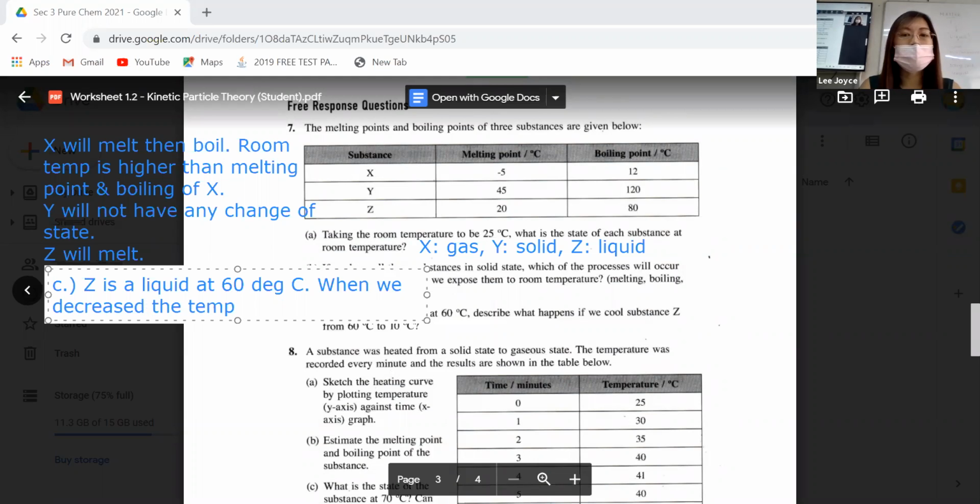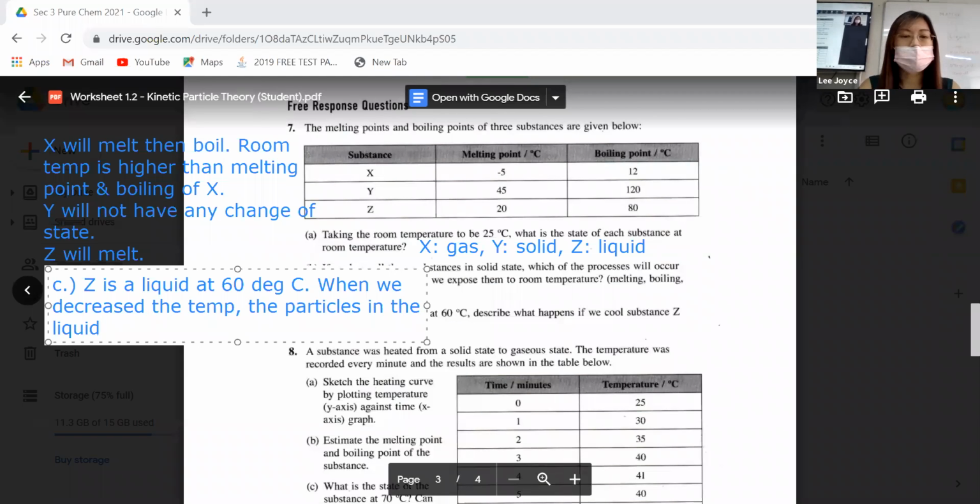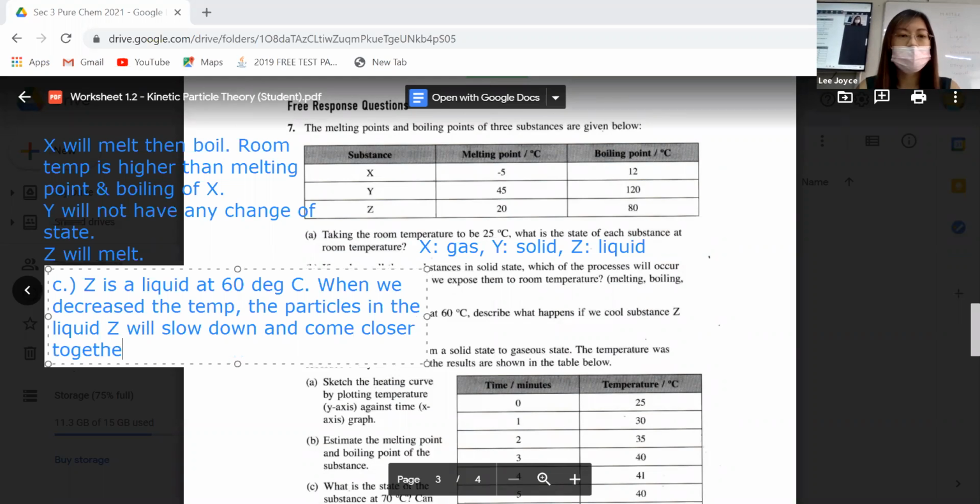I'm still going to explain about the behavior of the particles. The particles in the liquid Z will slow down and come closer together.